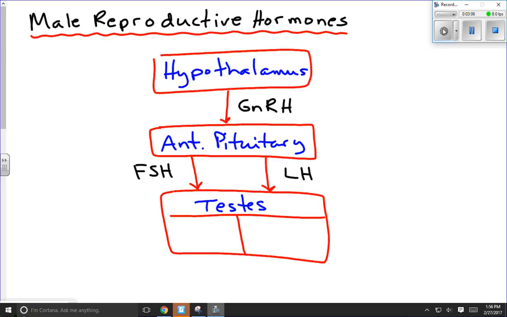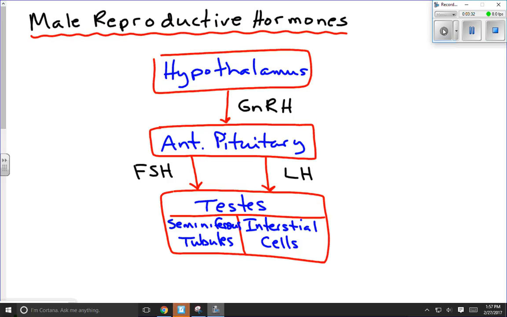The part that makes sperm, called the seminiferous tubules. And the part that makes hormones are the cells in between seminiferous tubules, called interstitial cells. Literally, the word interstitial means between tissues. They're in between the seminiferous tubules.